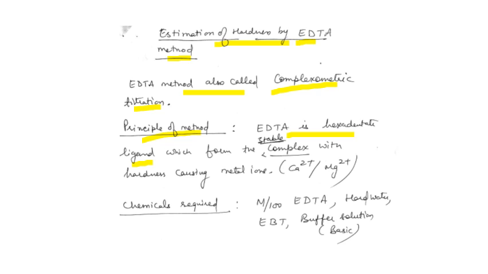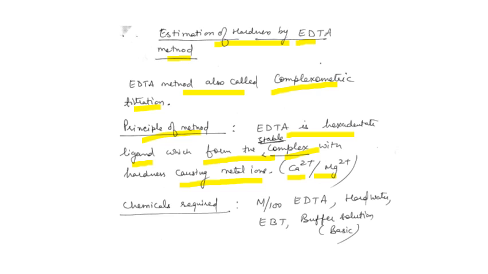Depending on the donating sites, ligands can be classified into various types: unidentate, bidentate, tridentate, and after 3 we can say polydentate. So EDTA comes in the category of polydentate ligand, having 6 donating sites, which forms a stable complex with the hardness causing metal ions, calcium, magnesium, as well as other heavy metal ions.